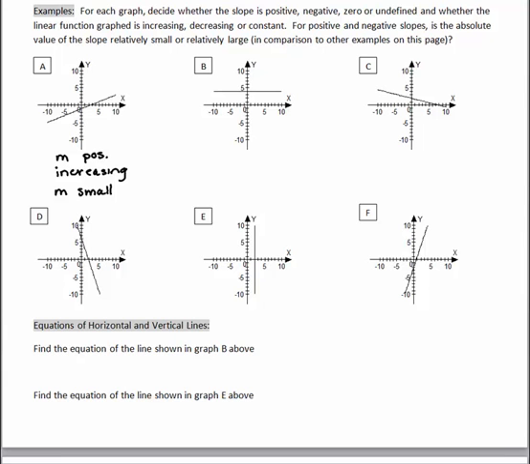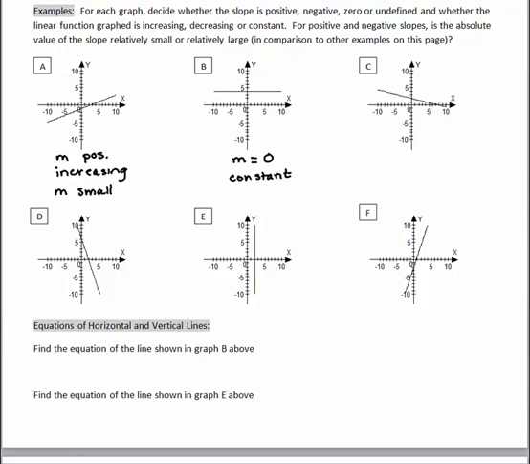B is a horizontal line, so there is 0 steepness, meaning our slope is 0. And we often call this a constant function because the y value stays the same at all times. In this particular case, it's always 3.